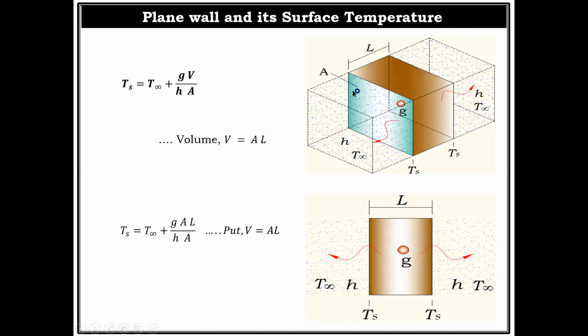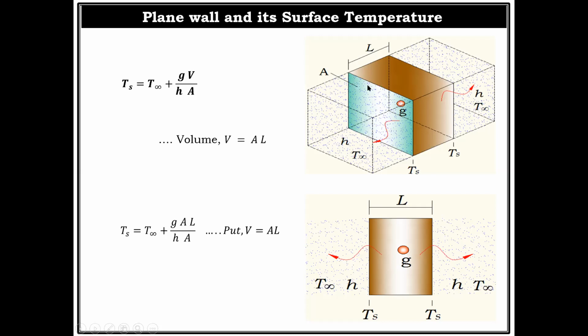Now, what is this A in the numerator? It is the cross-sectional area, this one, the blue shaded part. And what is this A in the denominator? It is the area exposed for heat convection. So no doubt, whatever the surrounding fluid is, it is convecting out heat from this blue shaded area only.